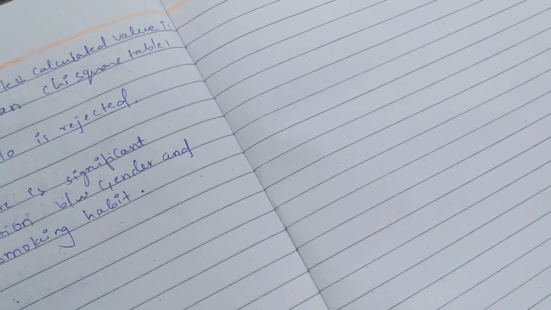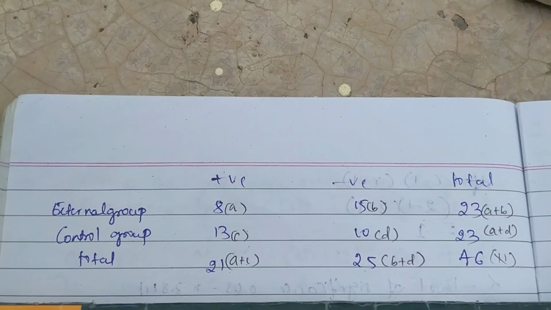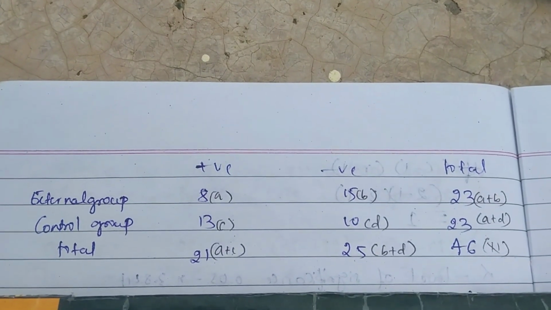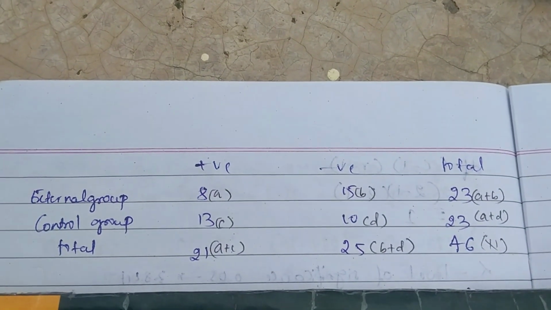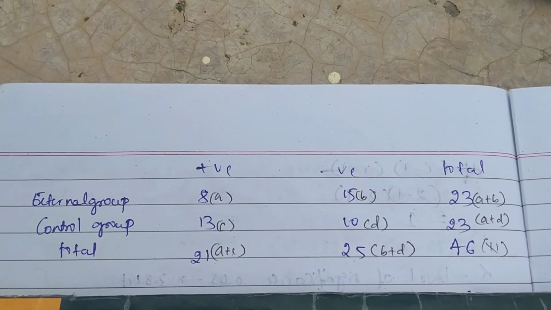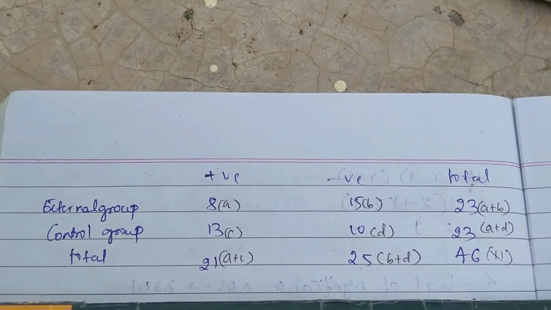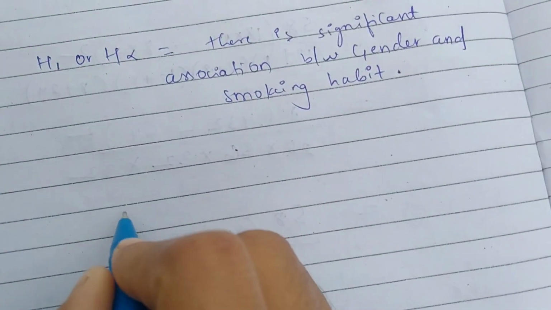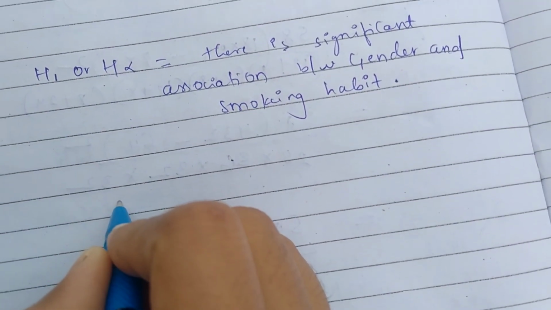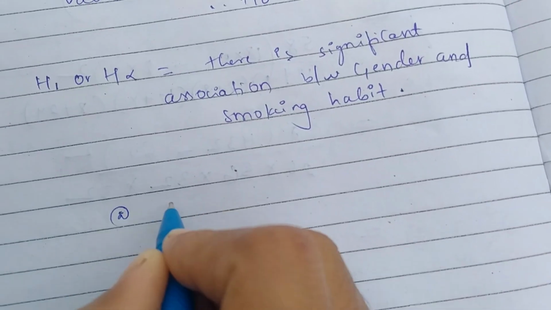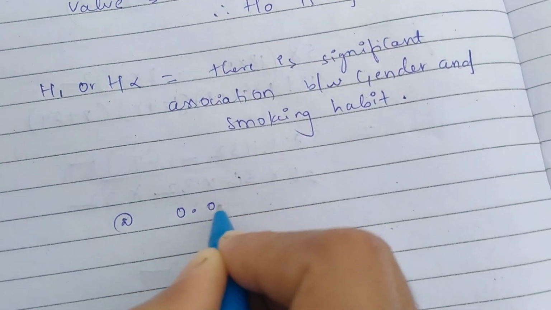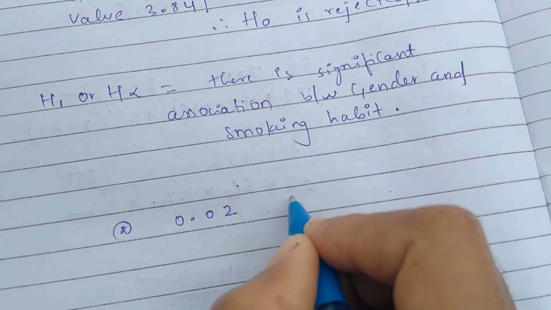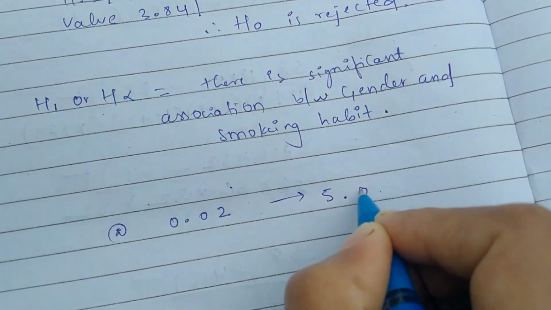Initially we need to frame H naught. So this is a table, with positive and negative, control group and experimental group, and totals. By using this you can calculate. The table value for this example at the level of 0.02 is going to be 5.024.